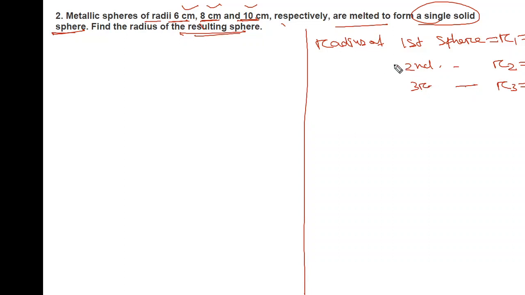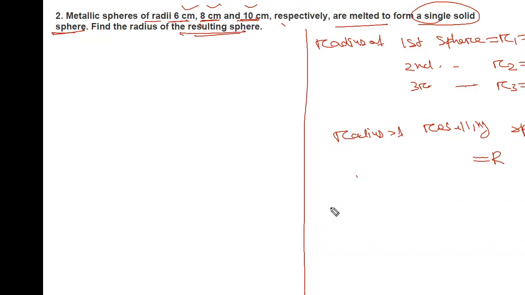Now you have 3 spheres, radii are given, and the radius of the fourth sphere, that is the resultant sphere, let's write radius of resulting sphere equal to, say, bigger R. Now the sum of the volumes of the three spheres will be equal to the volume of the resulting sphere.